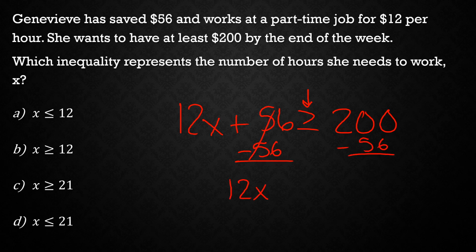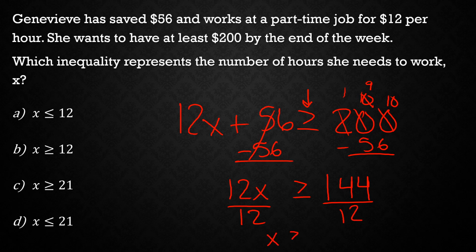I have a 12x here. My inequality sign, I'm going to bring straight down. I'm not changing the direction or anything. And then we have some subtraction here. So this is going to give us 144. And you can type that into a calculator if you want to double check it. From here, I need to get 12 away from my x. So the opposite of multiplying by 12 is dividing by 12.